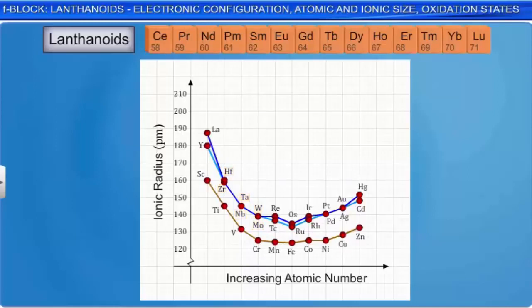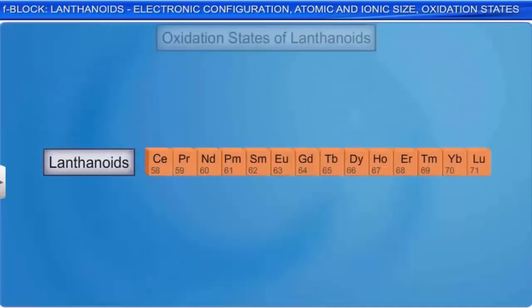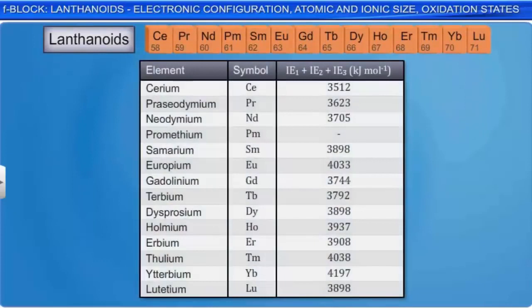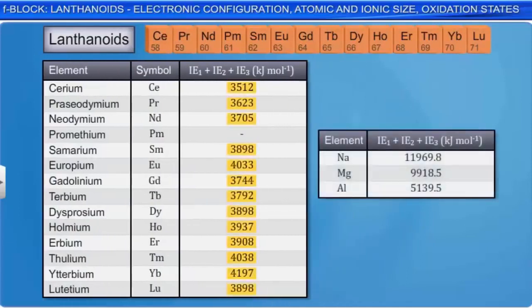Now, let us look at the oxidation states of these elements. The sum of the first 3 ionization energies for each element is given in the table. The values are low. Thus, the oxidation state of +3 is ionic, and the trivalent lanthanoid ion dominates the chemistry of these elements.